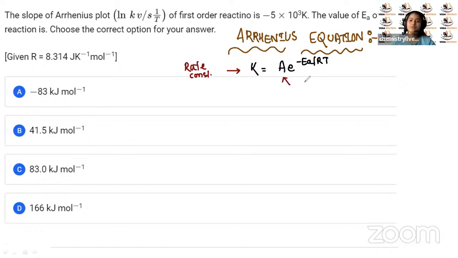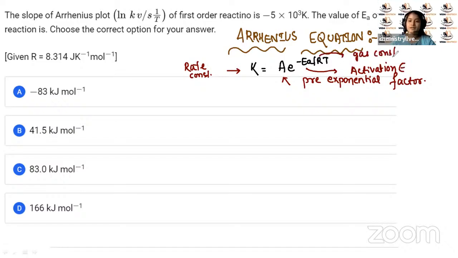A, children, is a pre-exponential factor. This EA is nothing but activation energy. R is your gas constant. T, as we all know, is your temperature.